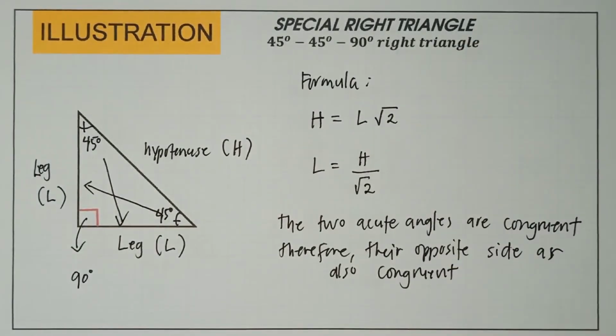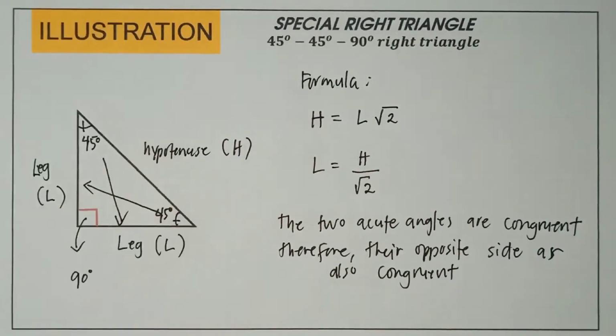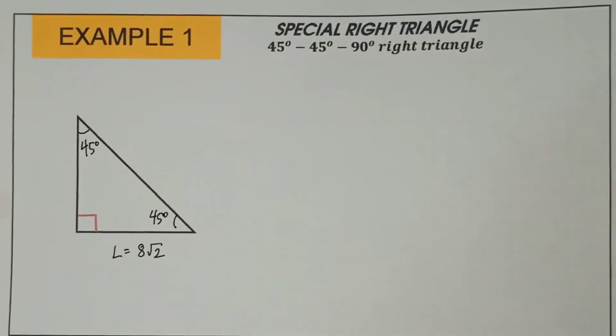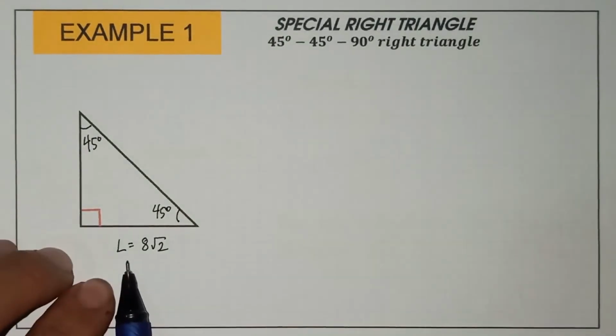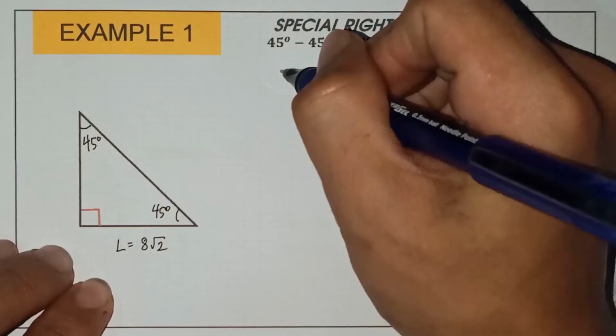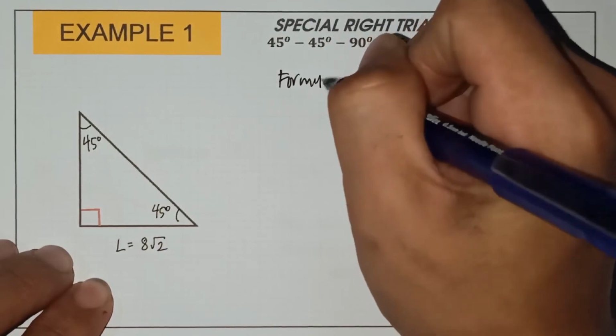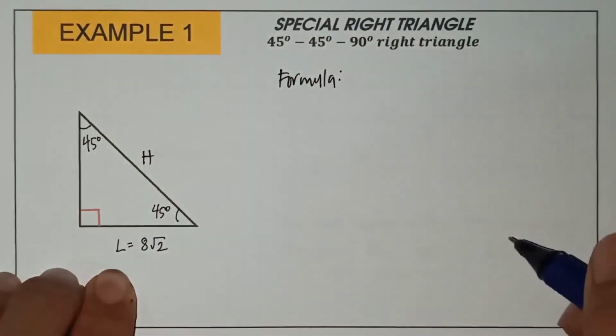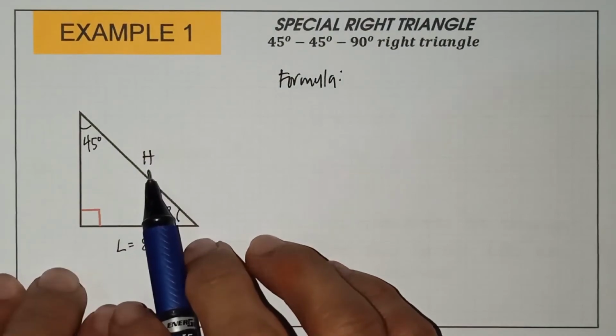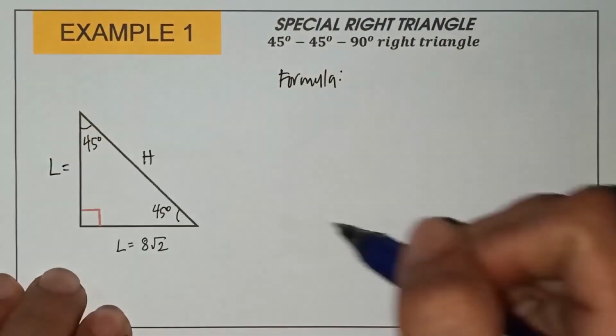For example number 1, let's say one of the legs is 8 square root of 2. Let's look for the value of the hypotenuse and the other leg.